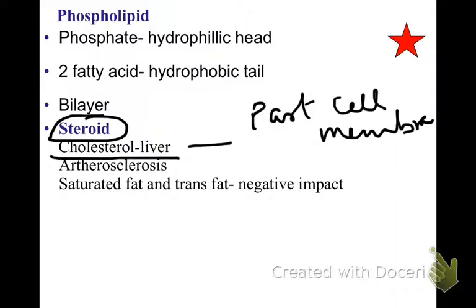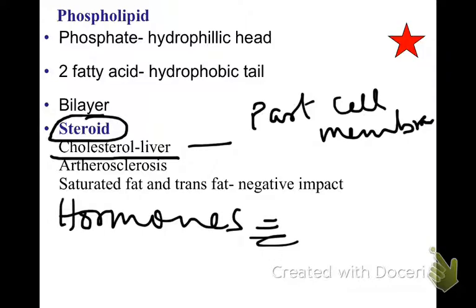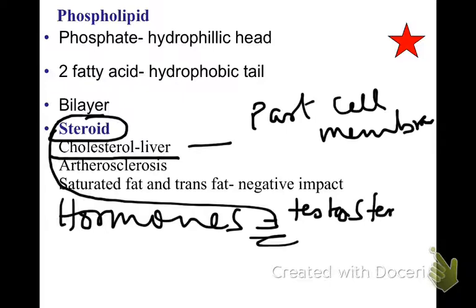Steroids are also part of hormones, or some of the hormones can be classified as containing steroids. The examples that we had already come across were testosterone or estradiol.